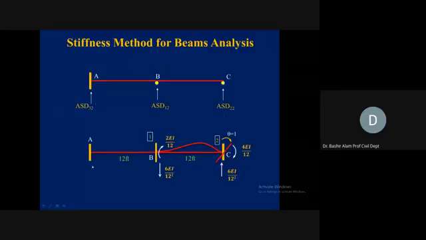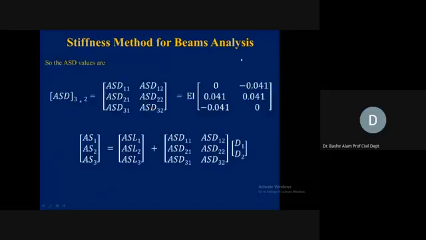And ASD32 is 0. So we complete this, and here you see all these values. You can verify these values. I hope it will be fine, instead of the L square, so they have the actual numbers in decimals.